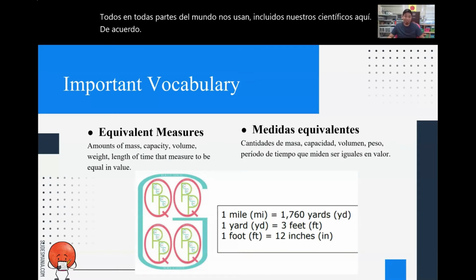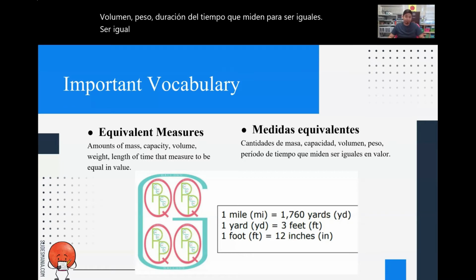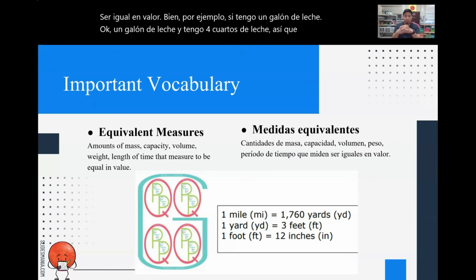Equivalent measures. The amounts of mass, capacity, volume, weight, length of time that measure to be equal in value, okay? So for an example, if I have a gallon of milk, okay, a gallon of milk, and I have 4 quarts of milk, so 1, 2, 3, 4 quarts of milk, then they're equal in value.